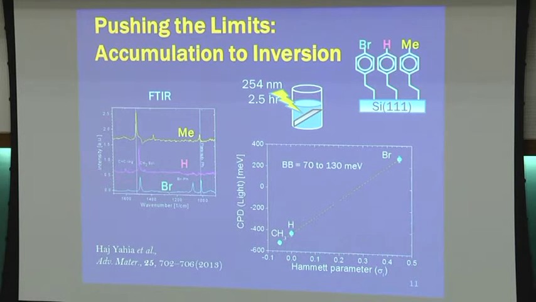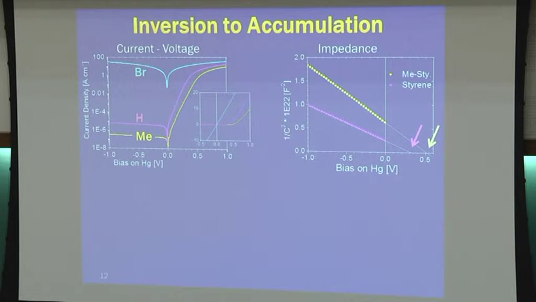And now this is a continuation of the same theme, just different molecules. I will go through it briefly in view of time. So this is a series of styrene-modified molecules. Again, we measure the contact potential difference. We see a nice variation of more than 1 electron volt between the methyl termination and the bromine termination. And it translates to the current-voltage characteristic shown here on the semi-log scale, and the inset is linear.